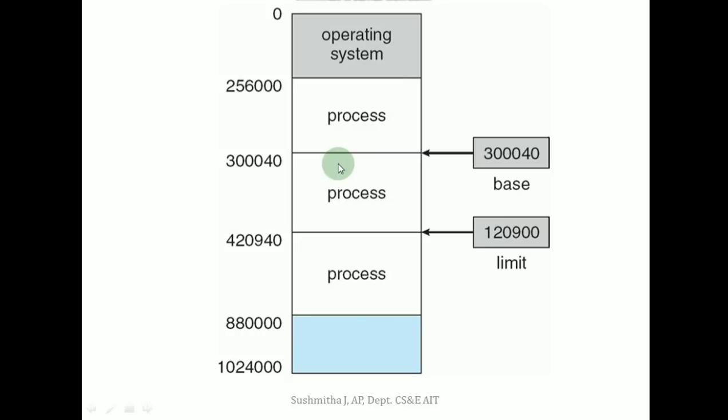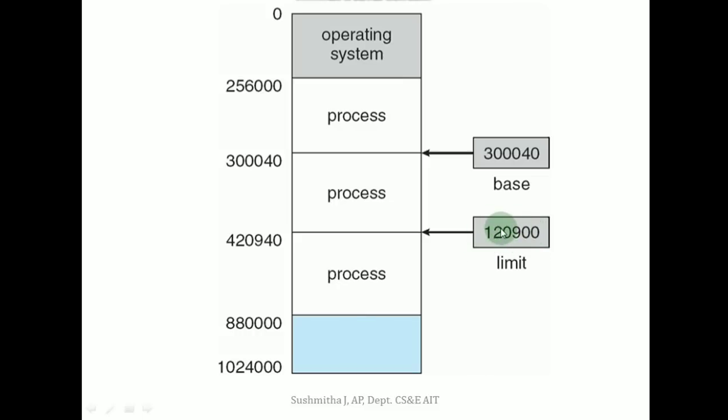So the protection is taken by the hardware, that is, by using the base register and the limit register. The base register holds the smallest legal location from where the process is starting. Say this particular process is starting at 3,000,040 and is ranging up to 120900.